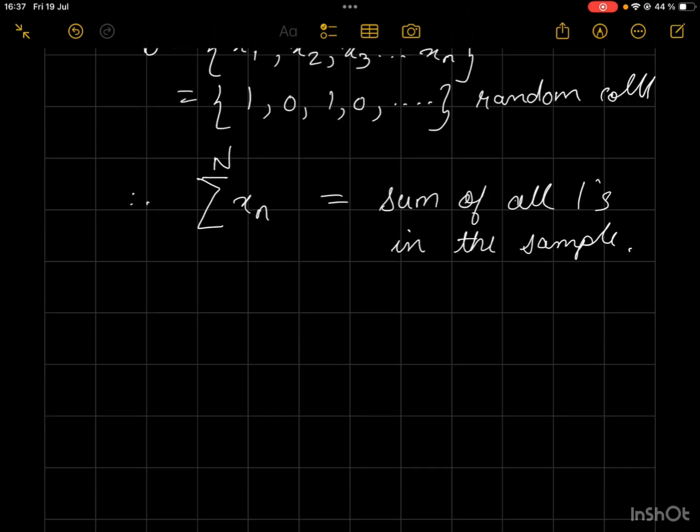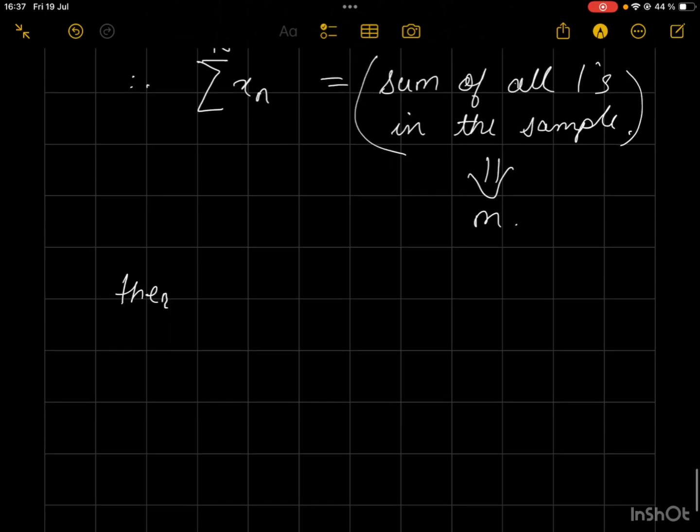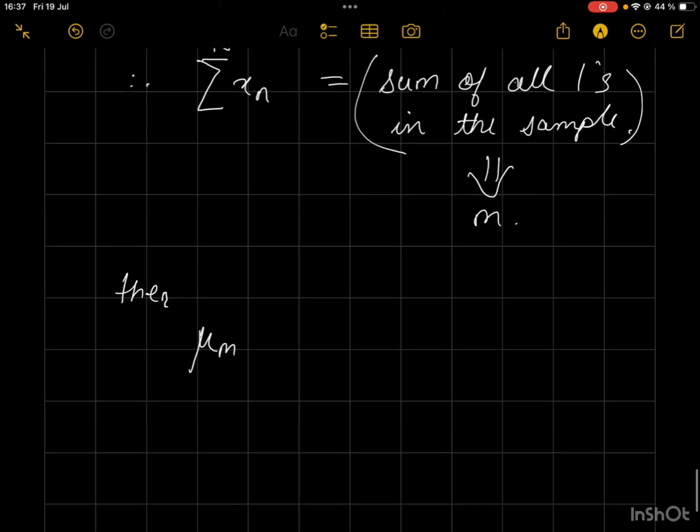Now say the sum of all ones in the sample is equal to m, then the maximum likelihood is going to be 1 upon n into the summation of x of n for n, and this is nothing but 1 upon n into m.